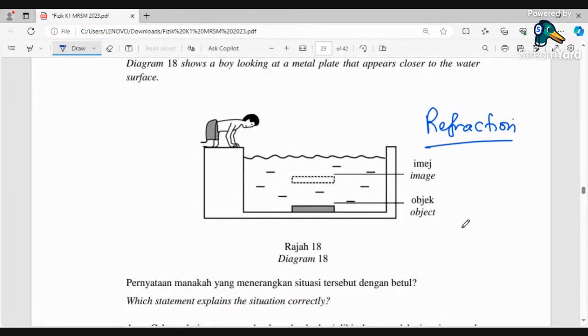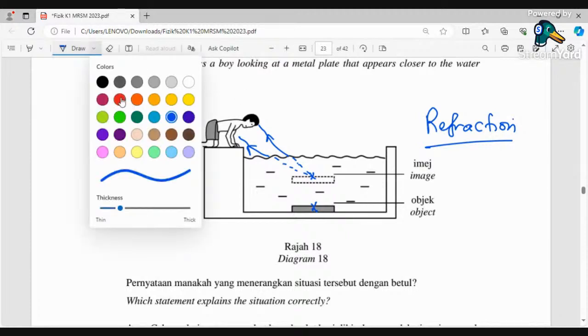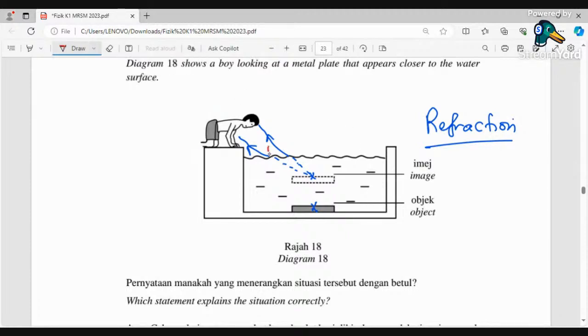Kalau you nak drawkan diagram, let's say saya guna reference point, ini image. Okay, the person observe the image. Okay, let's say here is the line of vision. Normal line here.